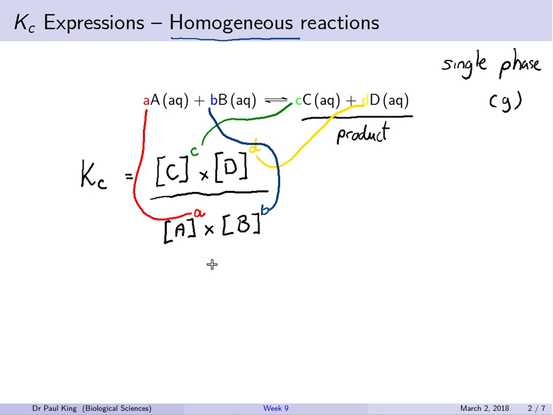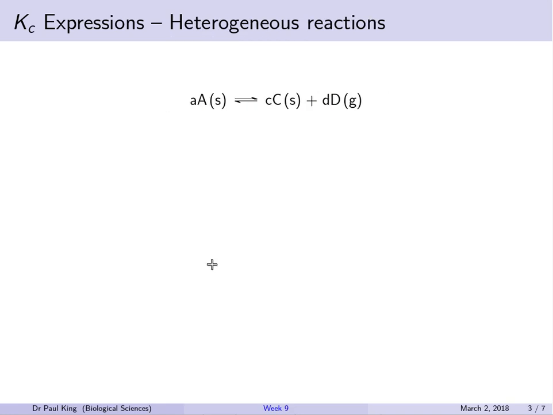Okay, in the case of a heterogeneous equilibrium, heterogeneous means different phases, two or more different phases occurring in the chemical reaction. And you can see here we've got a chemical reaction that involves solids and gases. So this is heterogeneous.